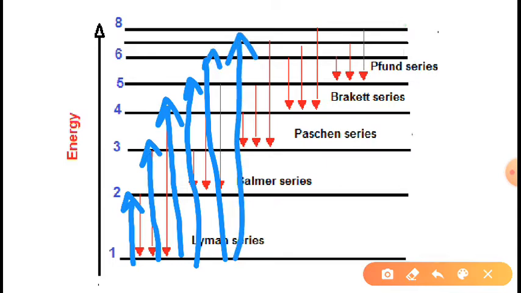Okay, after taking the energy from that source. If some of them get very high energy, then it may reach infinity. So what we are seeing here is that after taking the energy, the electrons or atoms of hydrogen are shifting to different energy levels, right?